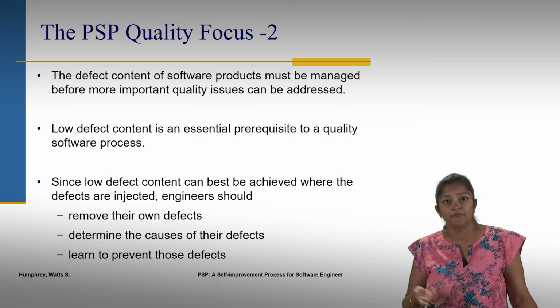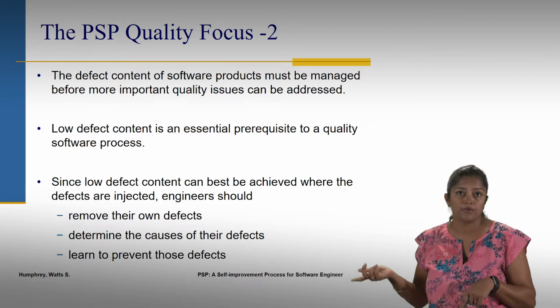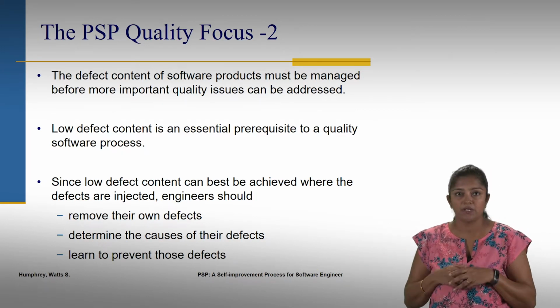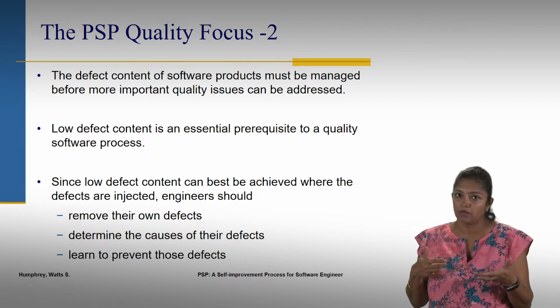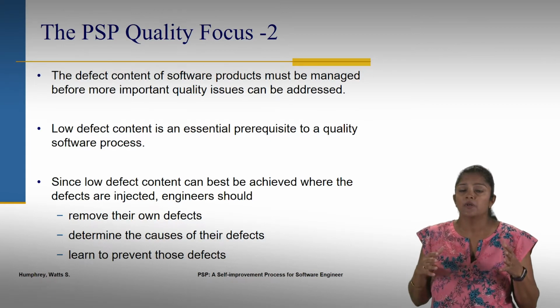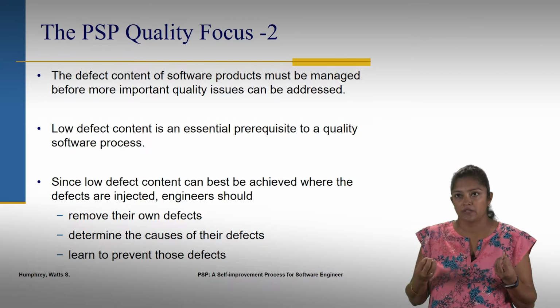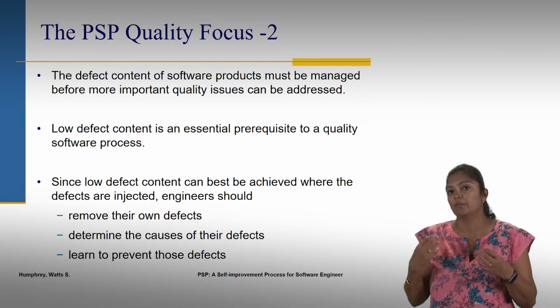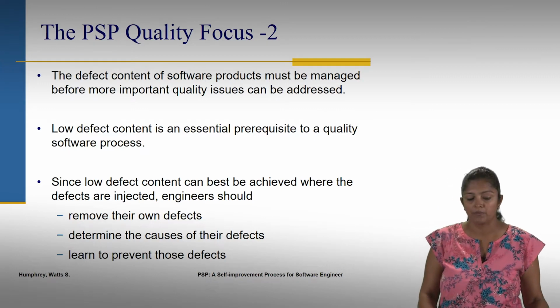Then learn from that process and try to prevent those kinds of defects in the future. With PSP, it's always about reflecting on what went wrong, learning from it, and fixing it in the future cycle. So if there's a specific type of defect that you're likely to inject very often, if it's in your habit, then learn from it and focus on it for subsequent projects.